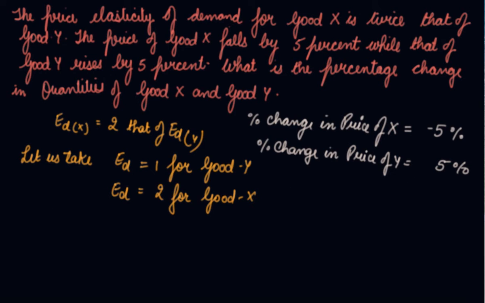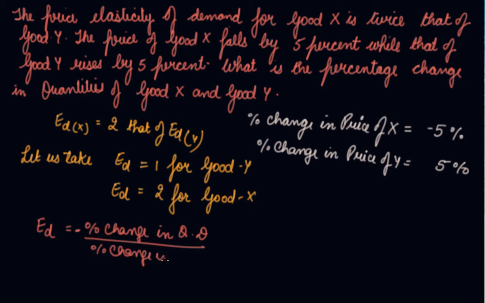So now we can put up the formula: elasticity of demand is equal to minus percentage change in quantity demanded divided by percentage change in price. We can calculate this for good X first.